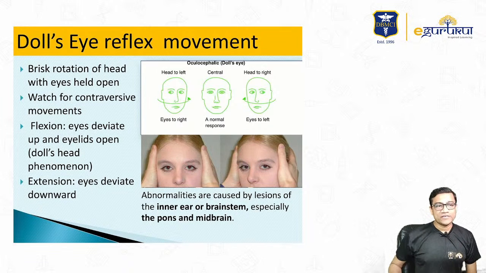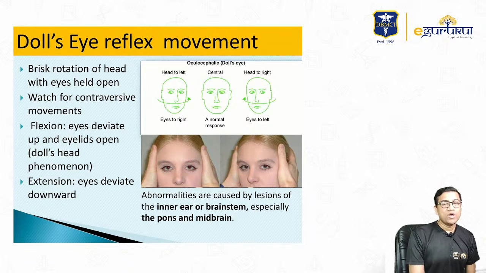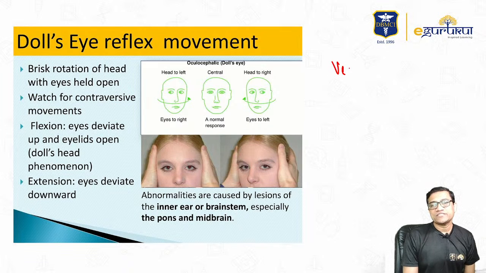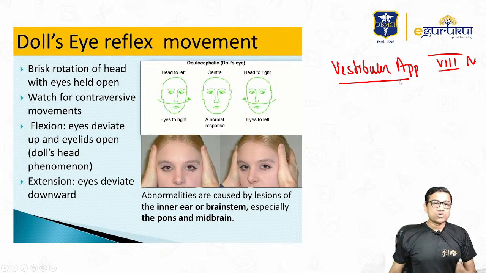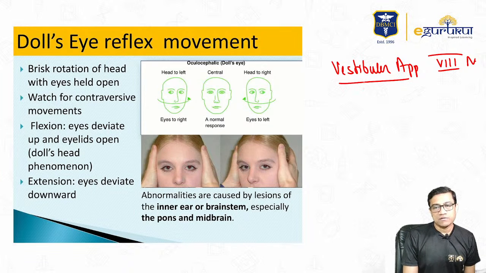Now what is needed? As there's a head movement, what senses the head movement? It is the vestibular apparatus. And what nerve does it carry? Eighth nerve. Then what is causing the eye movement? Here it is causing a lateral movement, that is abducens, and also the oculomotor. So we need the extraocular muscles.